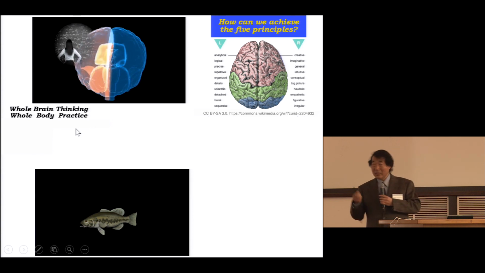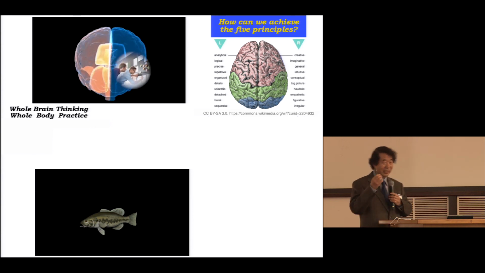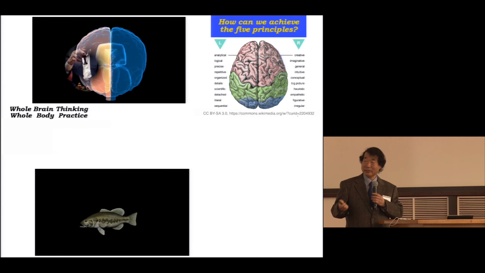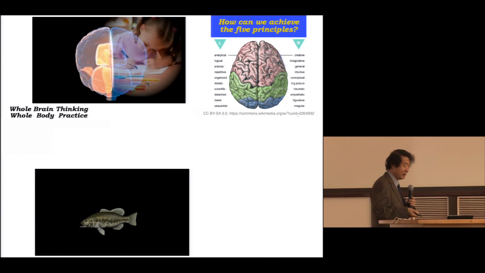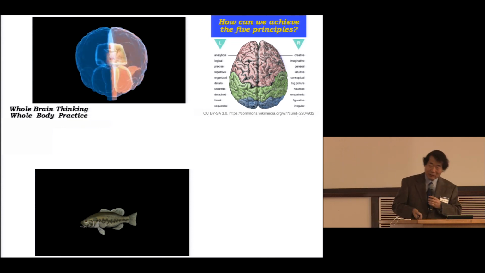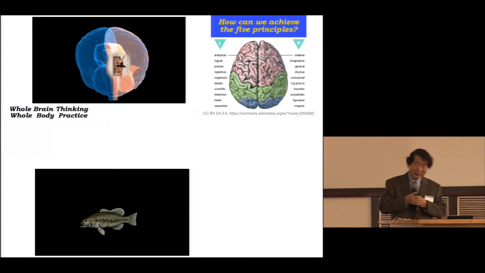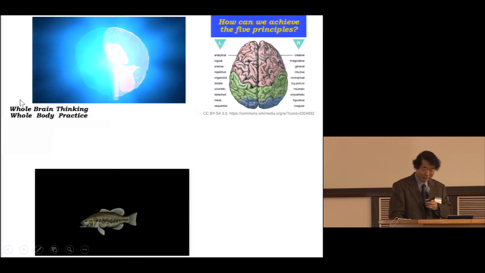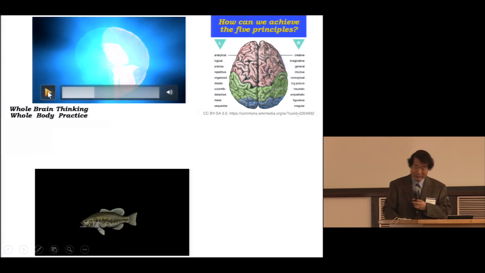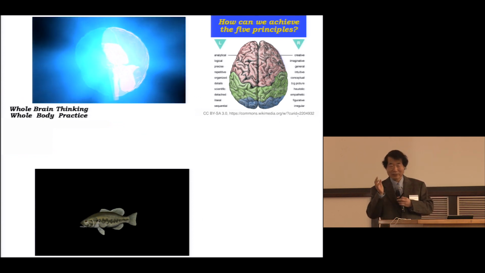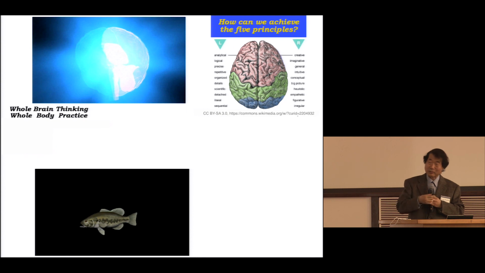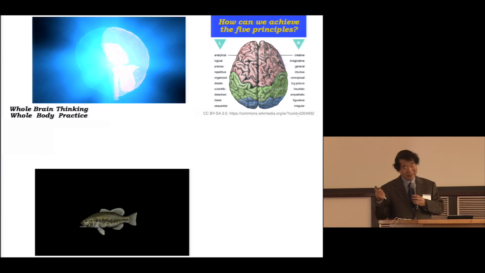Generally, our brain is asymmetric. The left side is logical thinking or verbal communication, whereas the right side is movement, musical instrument, and so on. What we need is integrating both sides of our brain.